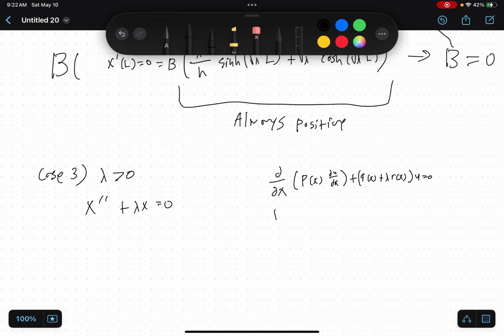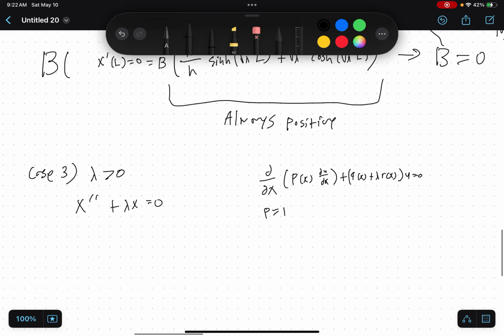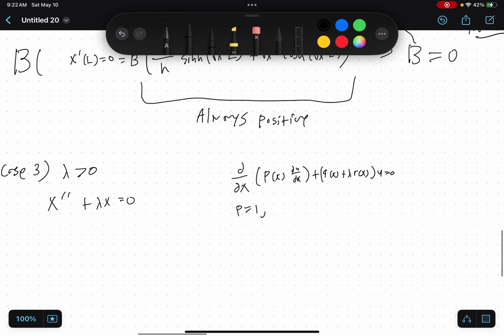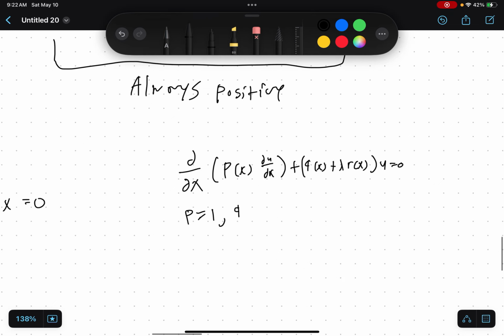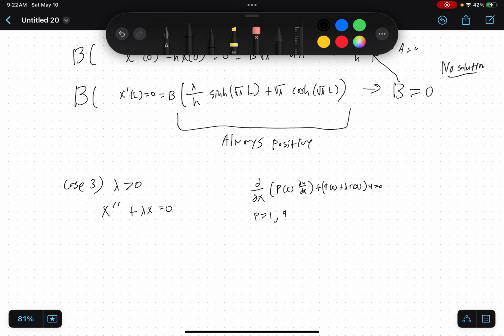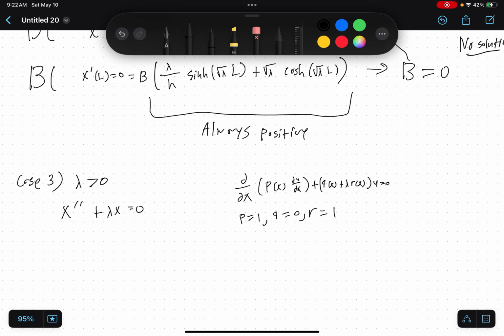Man, I hate that. P equals 1. Cool. What about q and r? I think we would set q equal to 0 and r equal to 1. Yeah. So we get that, and then it matches.